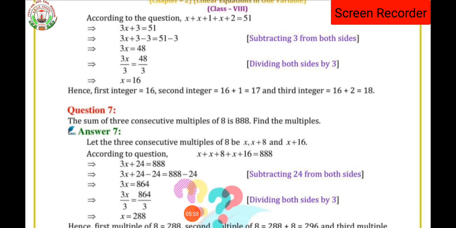Next question we have: the sum of three consecutive multiples of 8 is 888. Find the multiples.